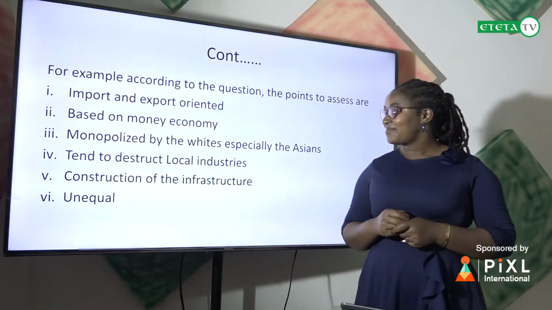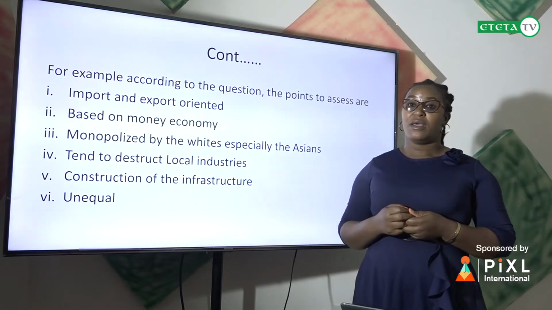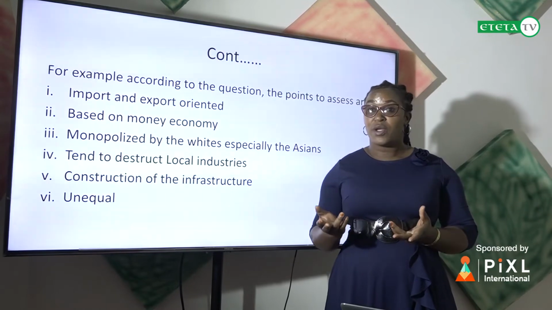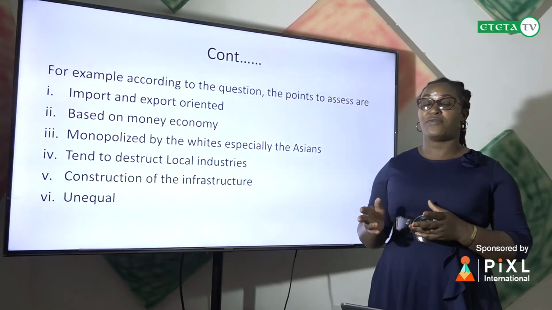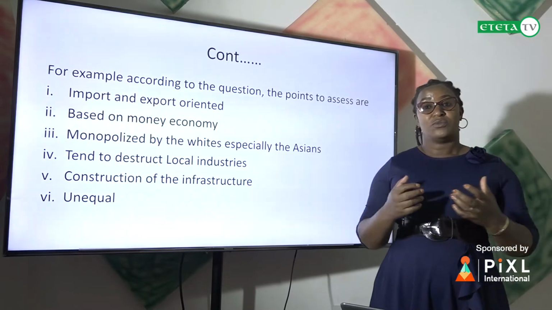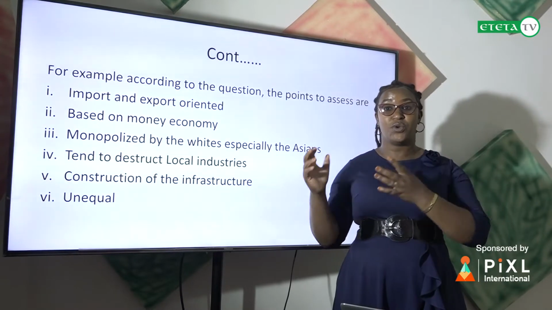Number 5, construction of infrastructure. This is basically infrastructure such as railways and roads for the purpose of transporting raw materials to the coast and also transporting the manufactured goods that came from outside to the interior.